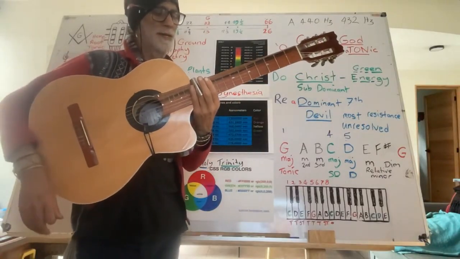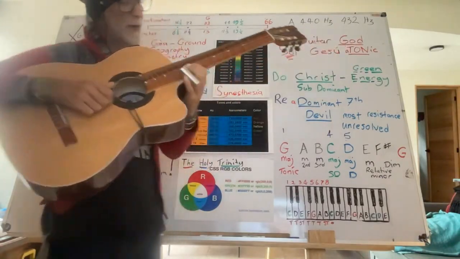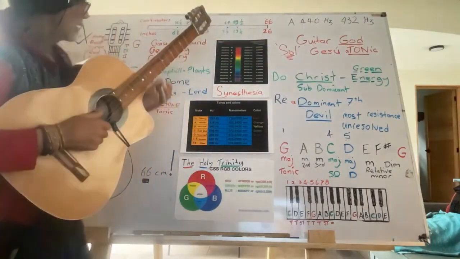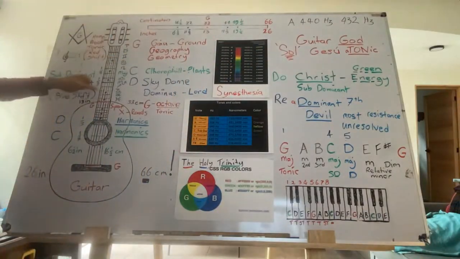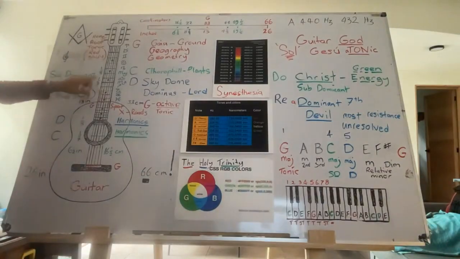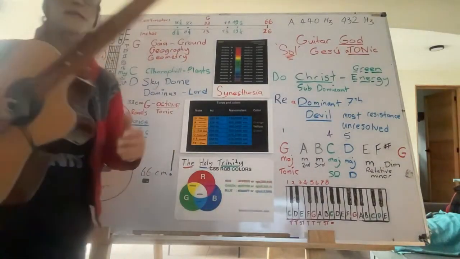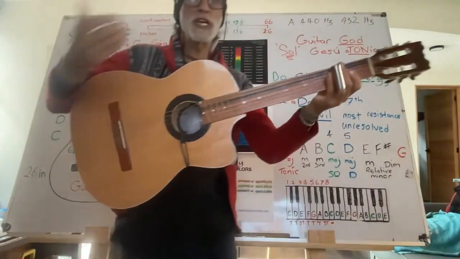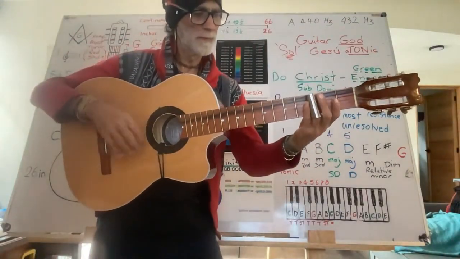Jupiter. Now the Sun, now you'll notice that I have my dot here on the 10th fret. Most guitars have it here. But in so doing, I have made this now what's called a G minor pentatonic scale.